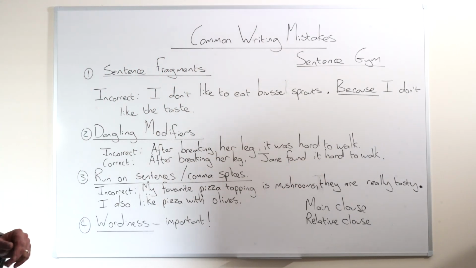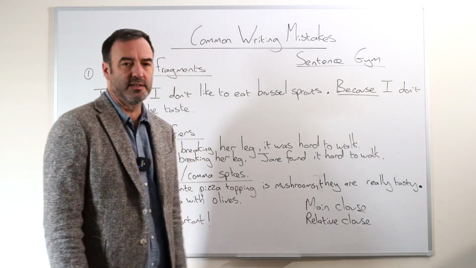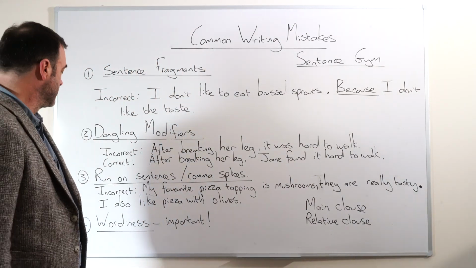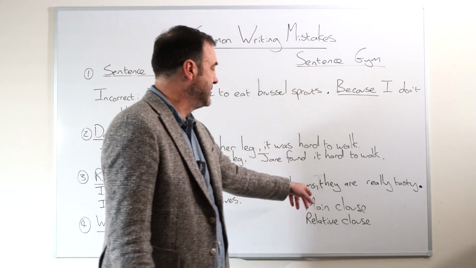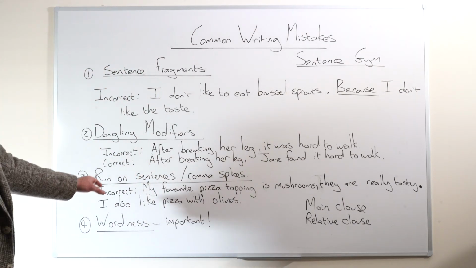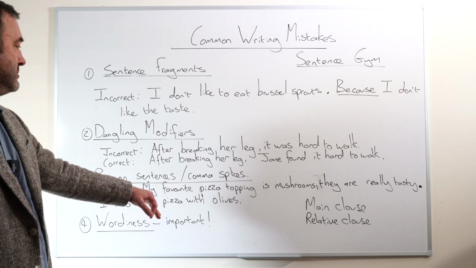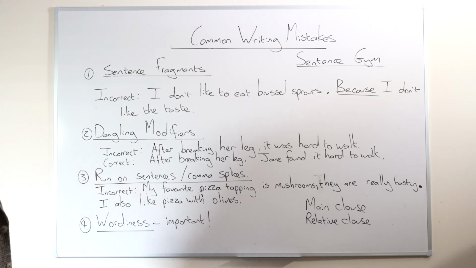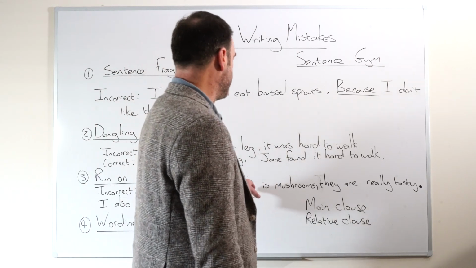Next thing, run-on sentences. This is another thing where kids don't understand what clauses are, a main clause or a relative clause. Incorrect. My favourite pizza topping is mushrooms, comma, they are really tasty. I also like pizza with olives. So, my favourite pizza topping is mushrooms.